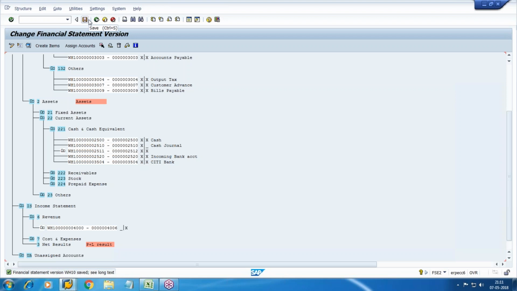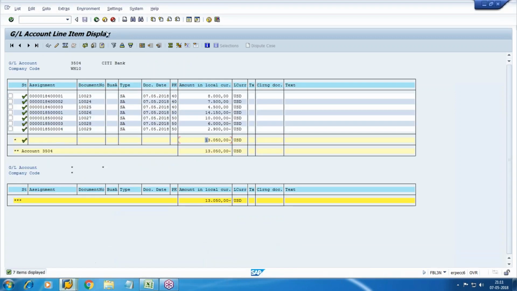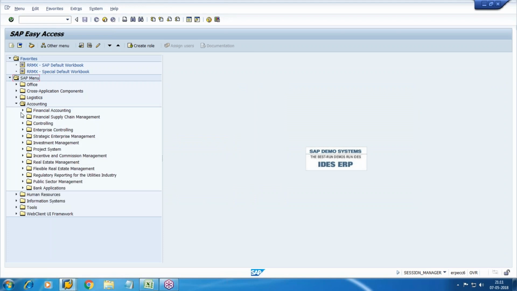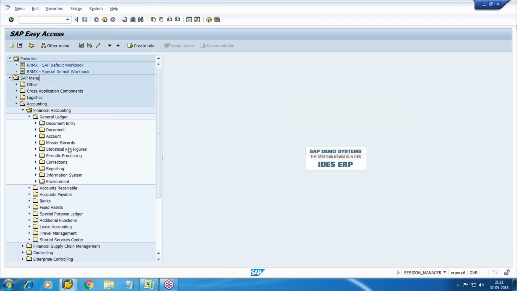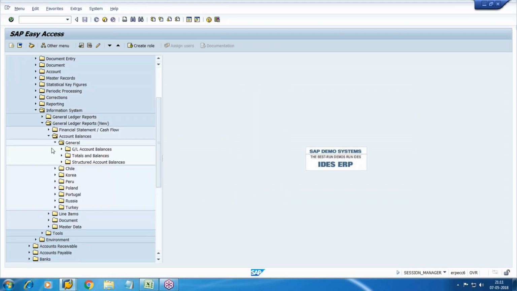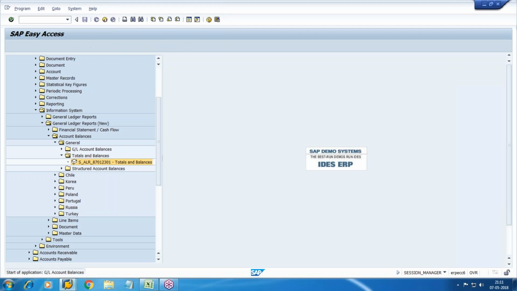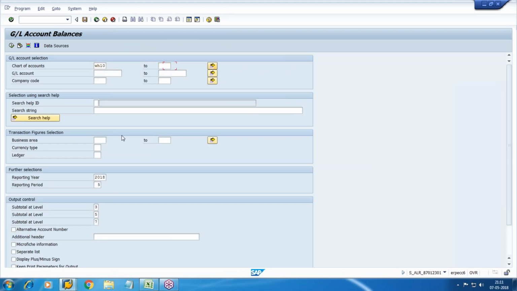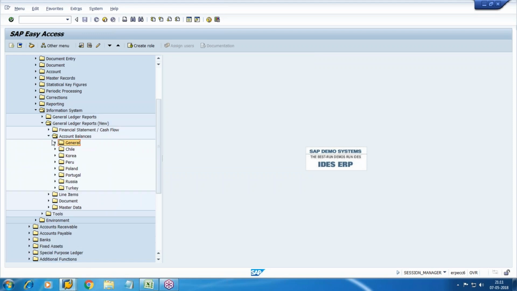Next, we will run the balance sheet. First step, make sure that your debit balance and credit balance should be matched, or trial balance should be matched before execution of this balance sheet or FSV. So go to account balance, reporting period 5.